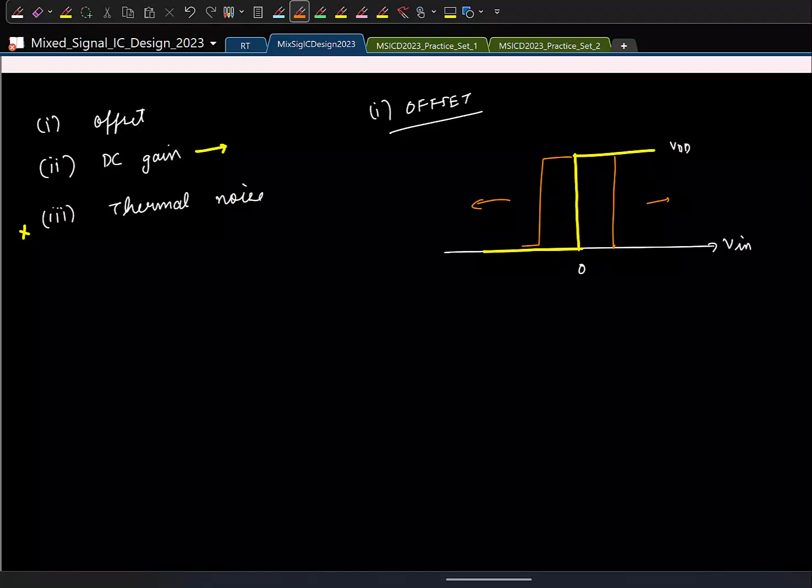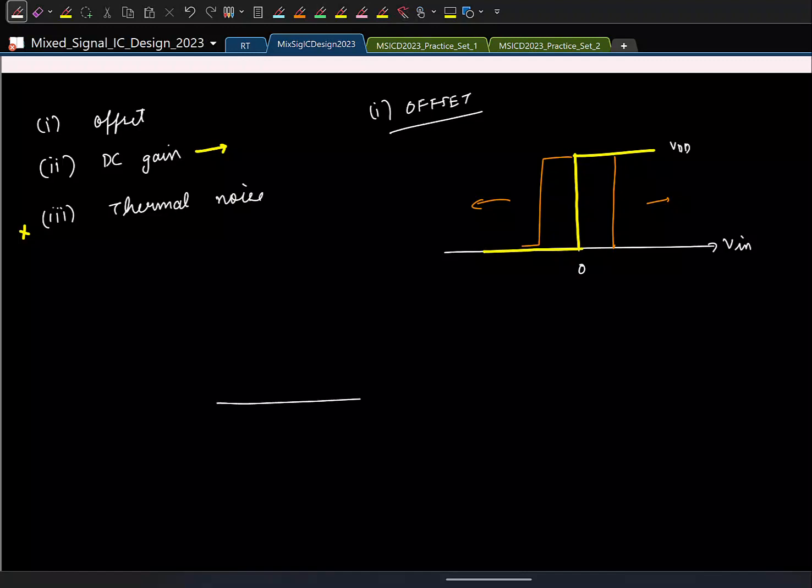And just to again emphasize, the offset is a random quantity. So if we take 1000 identical comparators, all 1000 ideally must have the threshold at 0. Now, due to this offset, you will have different threshold voltages for each comparator. All 1000 comparators will have different thresholds, but for a given comparator, it is constant.